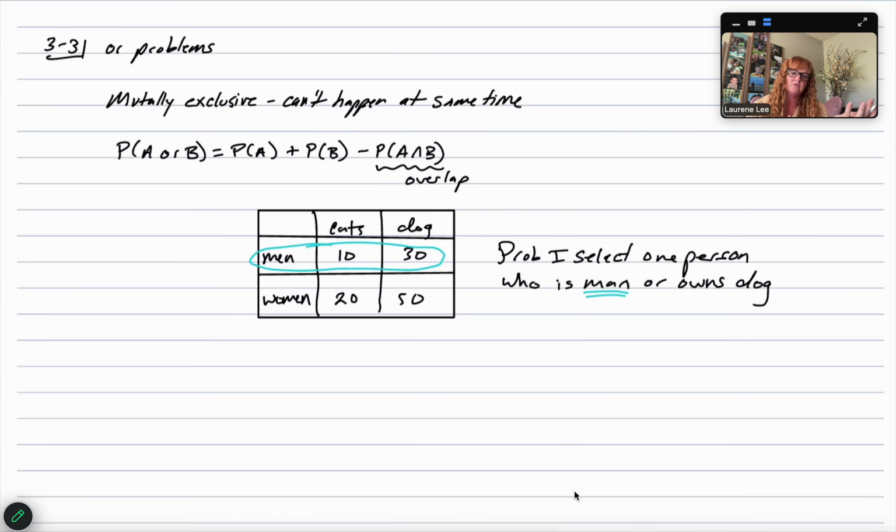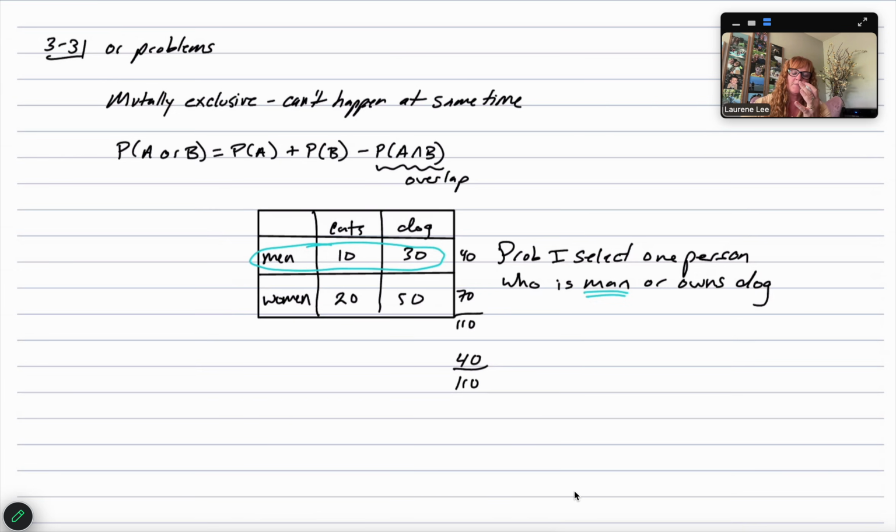So there are a total of 40 men in this situation. So I would say this is 40 over, what's our total? Let's figure that out real quick. There's 40 here. There's 70 here. So that means I've got a grand total of 110. Okay. There's 110 people in the chart.